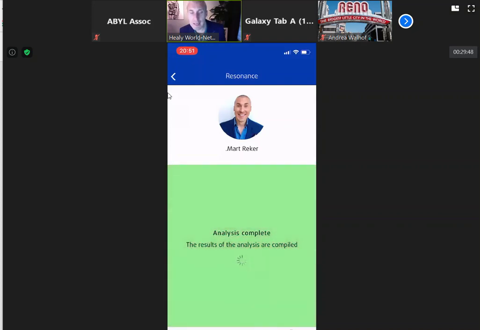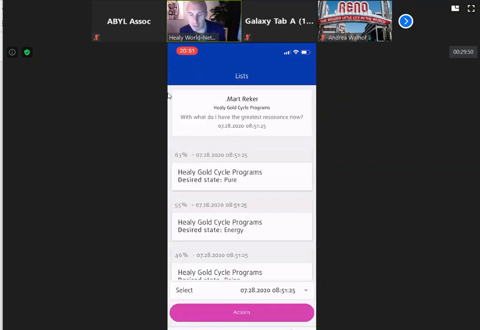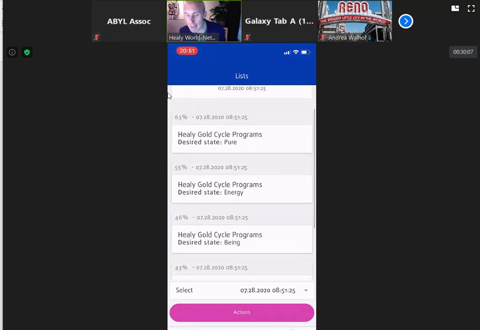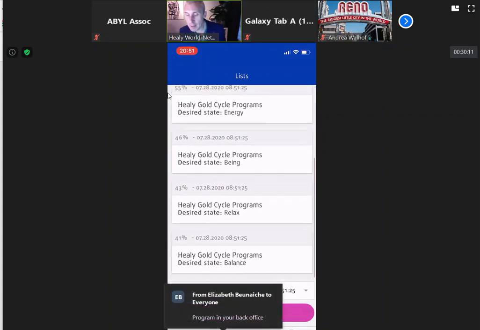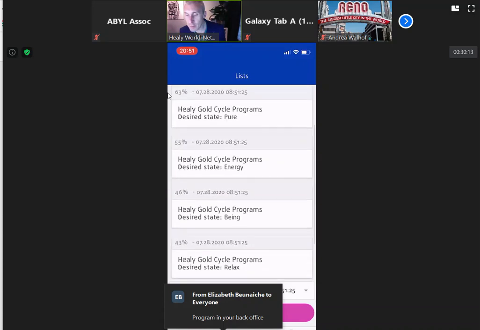So the Healy is reading my energy field. Like I said, my body is like an antenna, and the Healy is like an antenna. So it can pick up these signals. So at the moment, the program Pure is the most important program for me. Then comes energy, then comes being, then comes relax, and then comes balance.